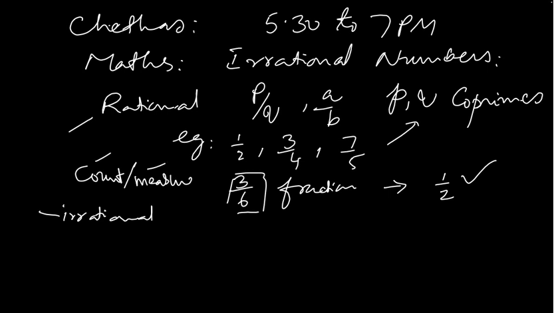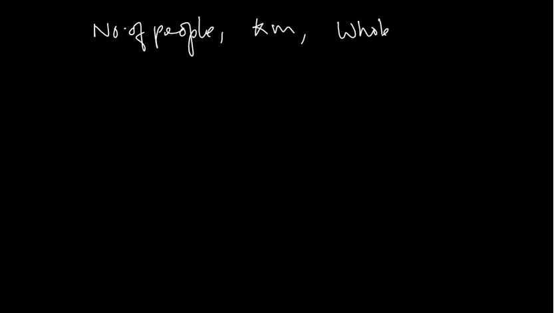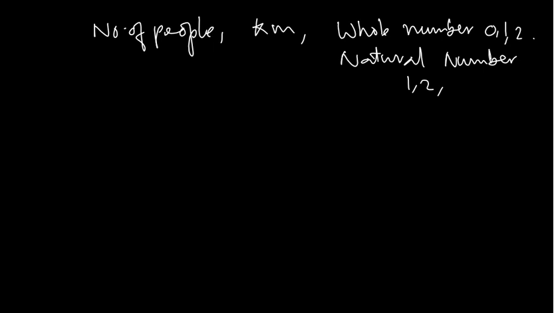When we are counting, for example, a number of people, or how many kilometers, you can do that as a whole number, or as a natural number if you start only from 1 onwards. Whole numbers go from 0 onwards, correct? So these are the things that go with counting.